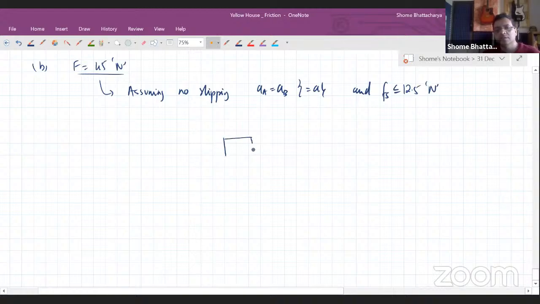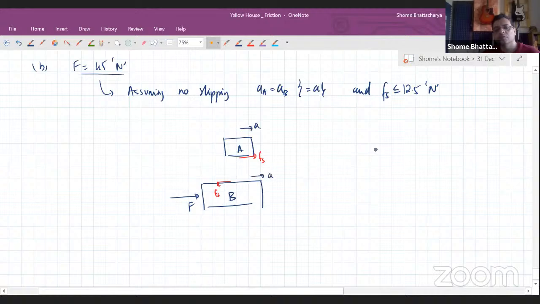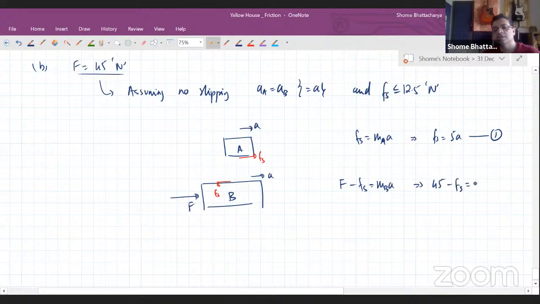Okay. Now we assume that again our free body diagram will be like this, and both should have the common acceleration of A. So we should get this equation, and here F minus static friction is mass of B into A. So this second equation now becomes 45 minus whatever static friction is, equals 10A.